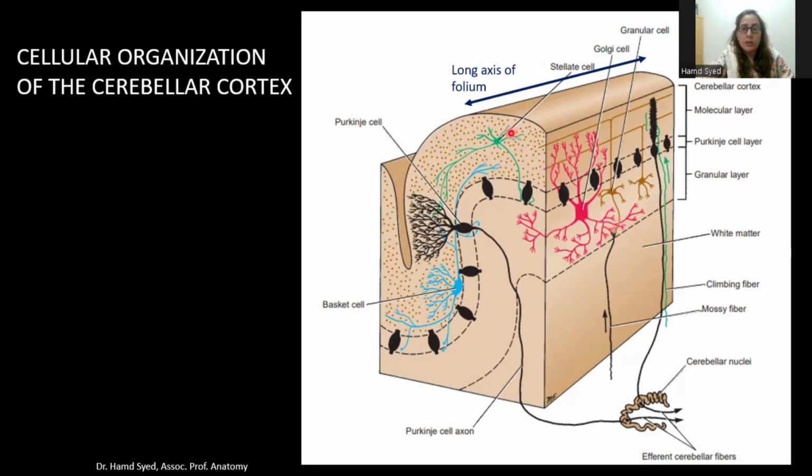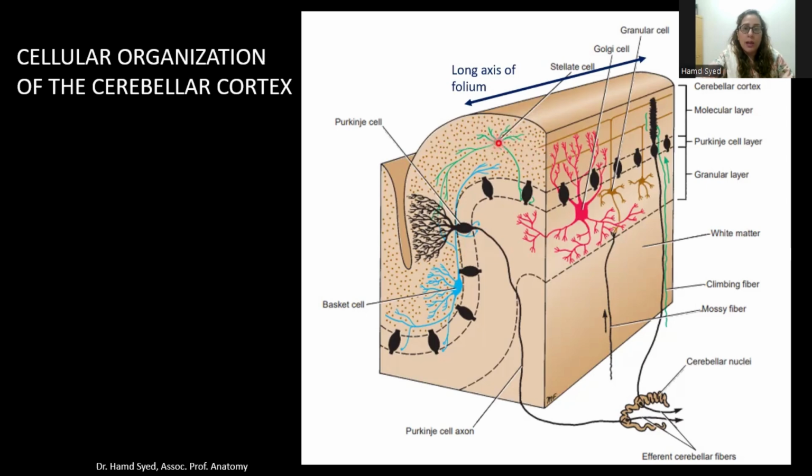Now let's look at the other cell types in the molecular layer of the gray cortex. We've got the stellate cells and the basket cells. You can see that both of their dendrites will synapse with the axons of the granule cells.